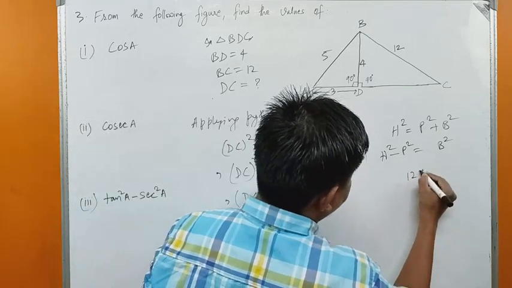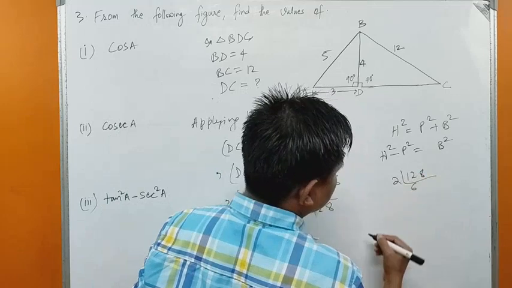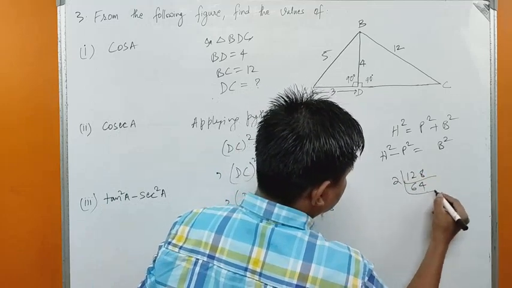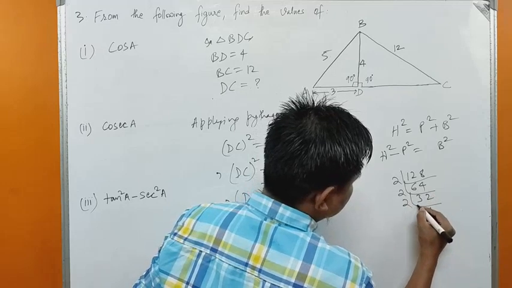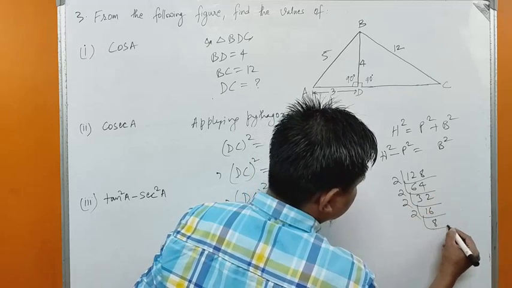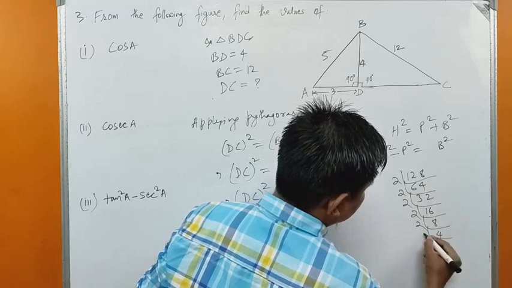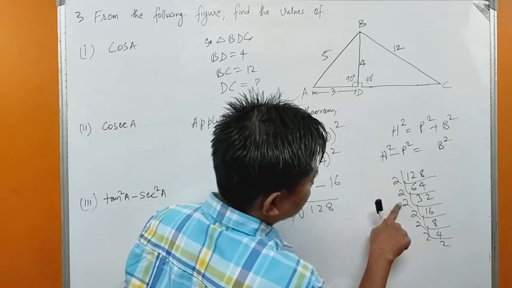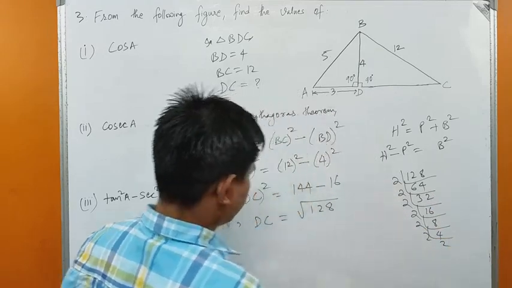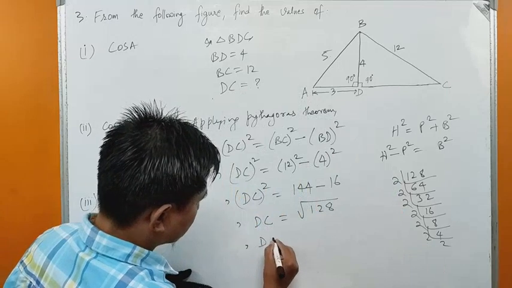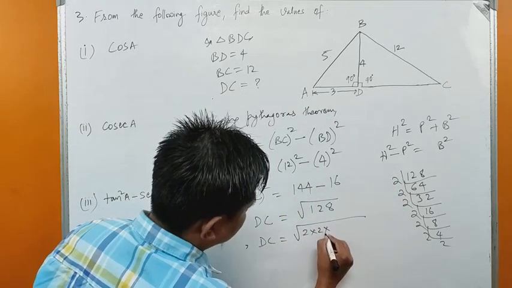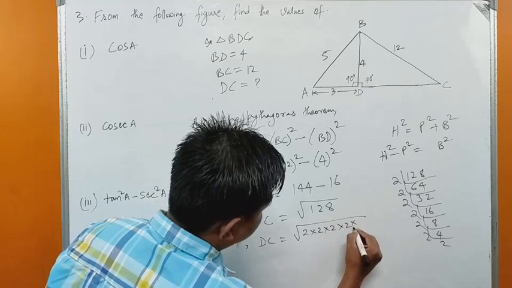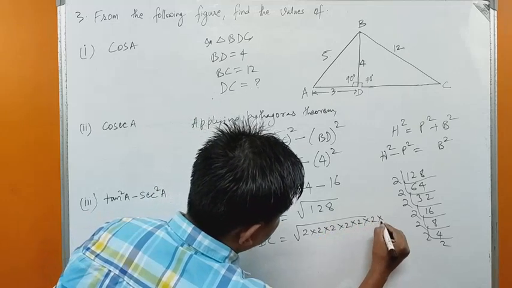128 means 2 6s are 12, 2 4s are 8, 2 3s are 6, 2 2s are 4, 2 16s are 32, 2 8s are 16, 2 4s are 8, 2 2s are 4. So DC equals root under 2 multiplied 7 times.